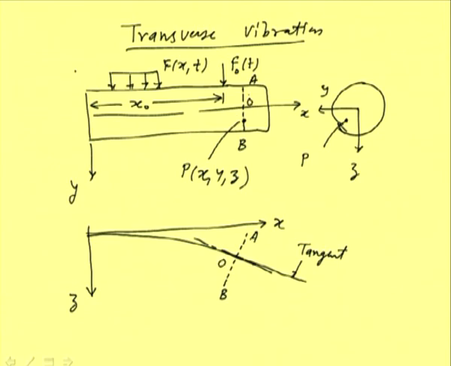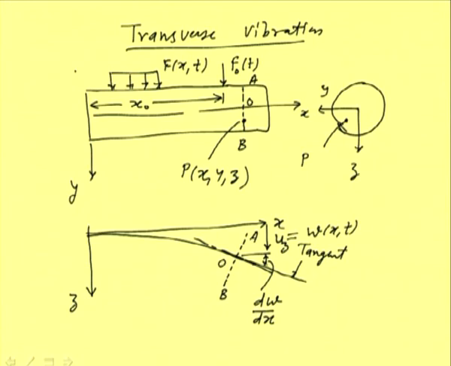So you can see that there are two displacements which is taking place. One is the linear displacement of the point O, because that displacement is in the z direction, uz is equal to w, which is function of x and t, and this particular slope, which is dw by dx.